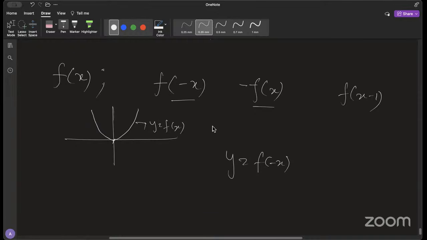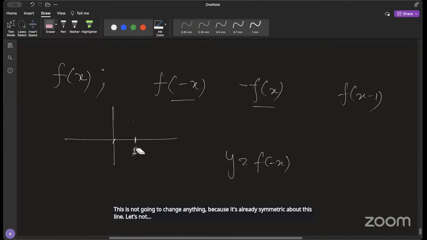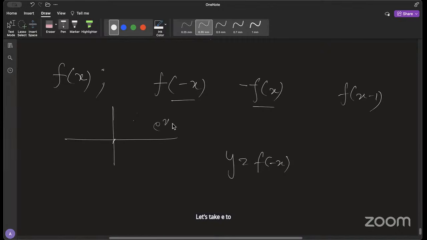What happens there is, if you have y equals f(x), let's say this is 1, and this is f(1), then this should be here, right? This is not going to change anything because it's already symmetric about this line. Let's take some other graph. Let's take the e to the power x graph, for example. It looks like this.